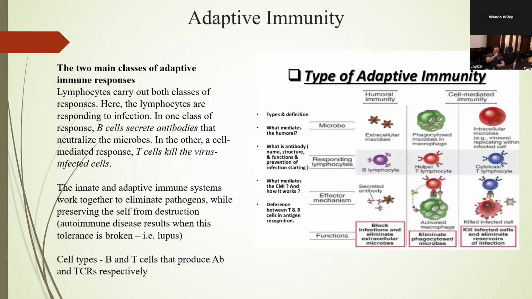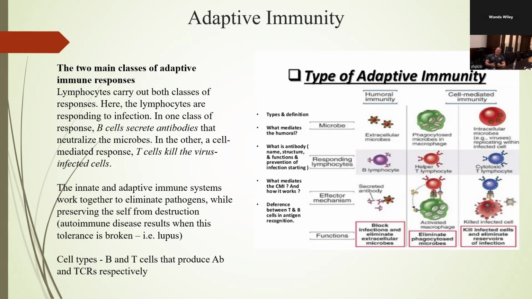So in addition to having this non-specific system that can fight against pathogens, we have a system of cells that make up the immune system that have the ability to very specifically target certain pathogens and eliminate them completely from the organism. And what we're basically talking about here are B cells and T cells.